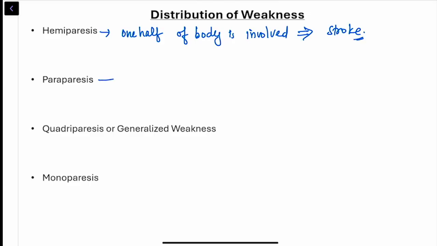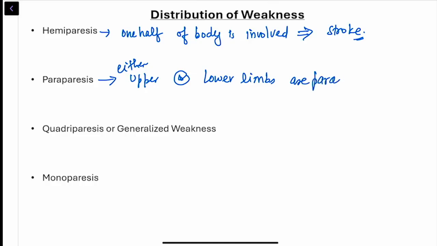If paraparesis is involved, meaning either upper or lower limbs are paralyzed, this is seen in spinal cord lesions many a times.